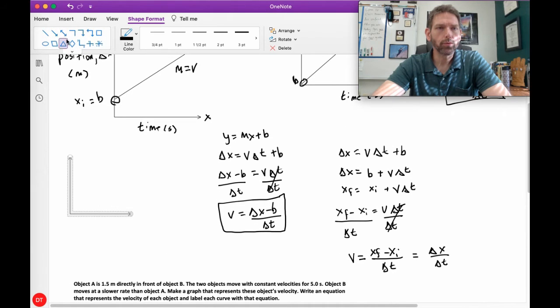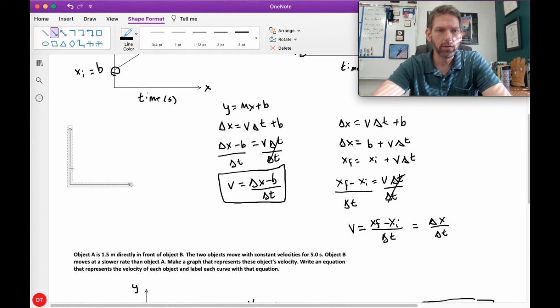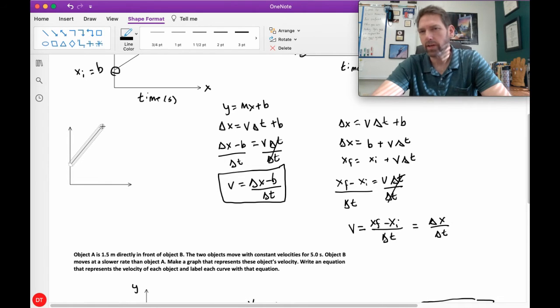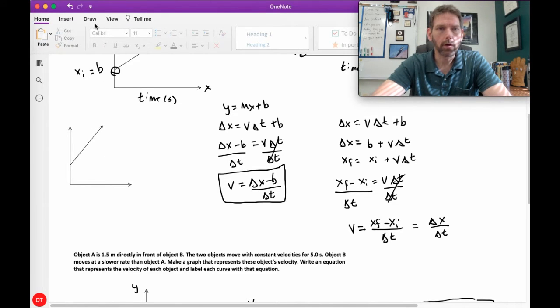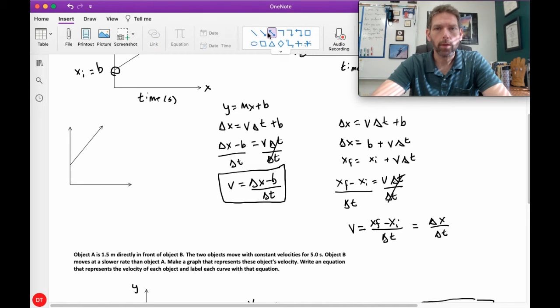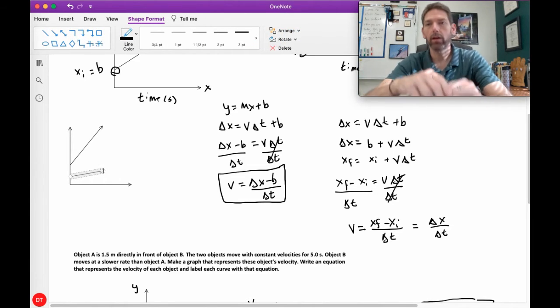A is moving faster, so that means it would be at a faster rate. So I'm just going to exaggerate and draw a really steep slope. And then we can assume that B has just less of a slope. This is just your line.